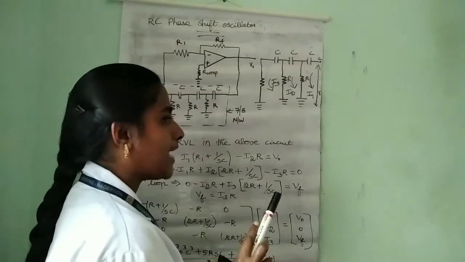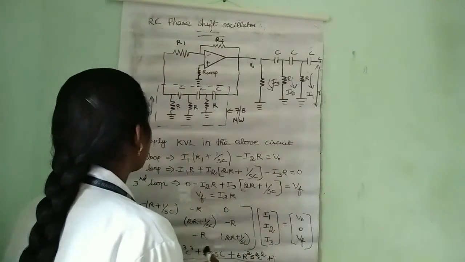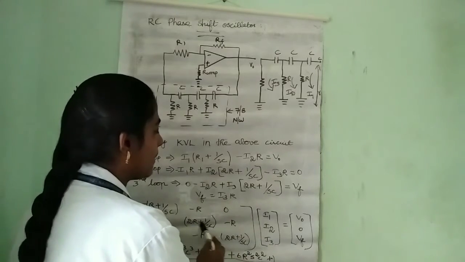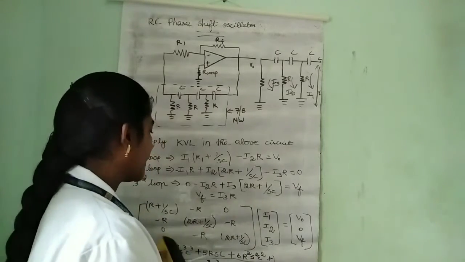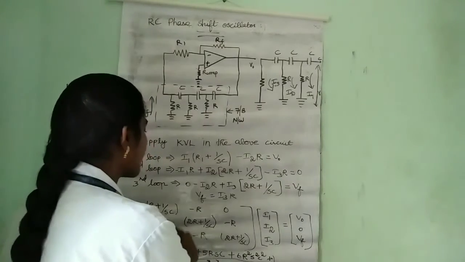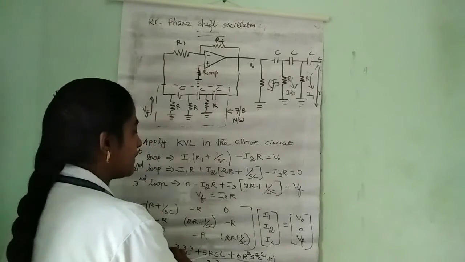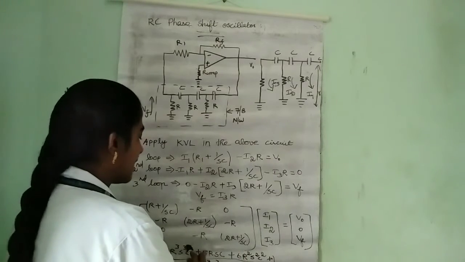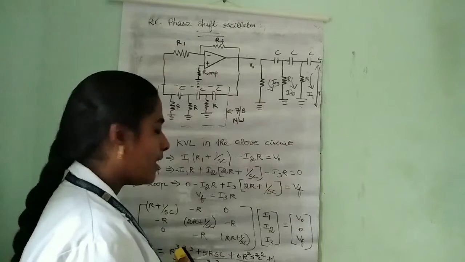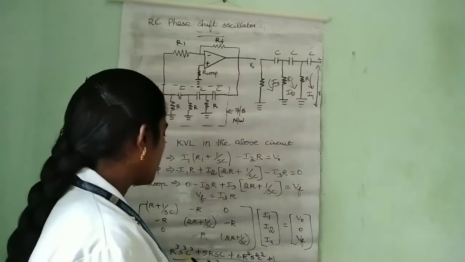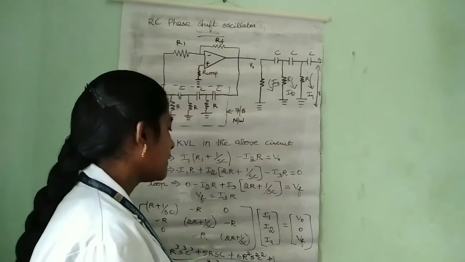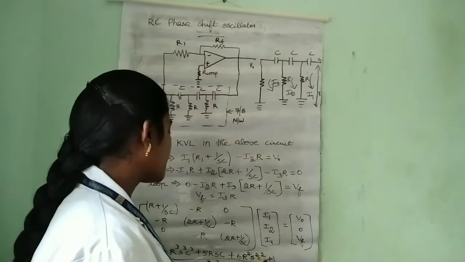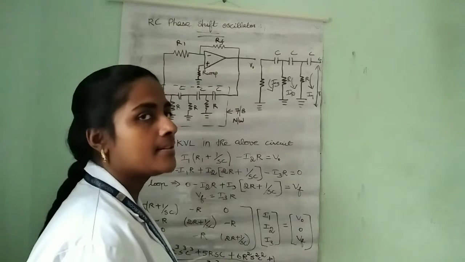To find del, we suppress the first row and first column and, by ordinary matrix multiplication, we get del equal to R cube S cube C cube plus 5R SC plus 6R square S square C square plus 1 divided by S cube C cube.